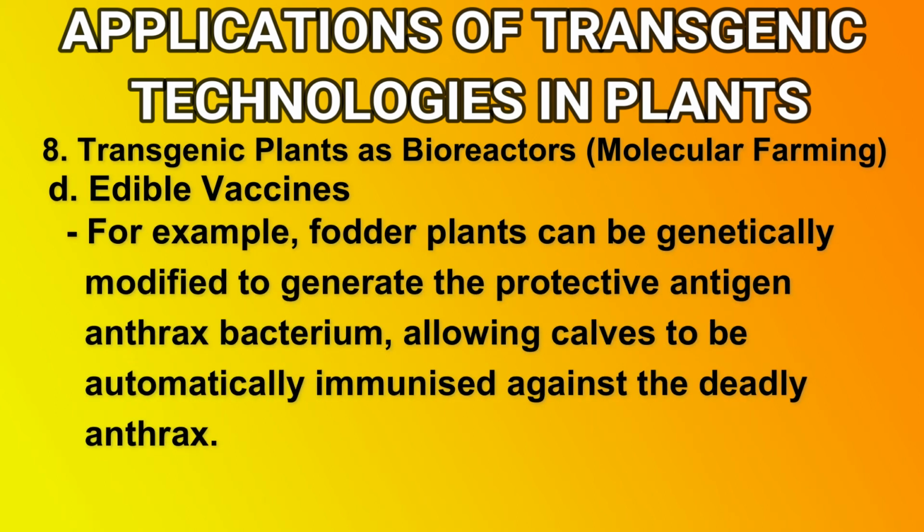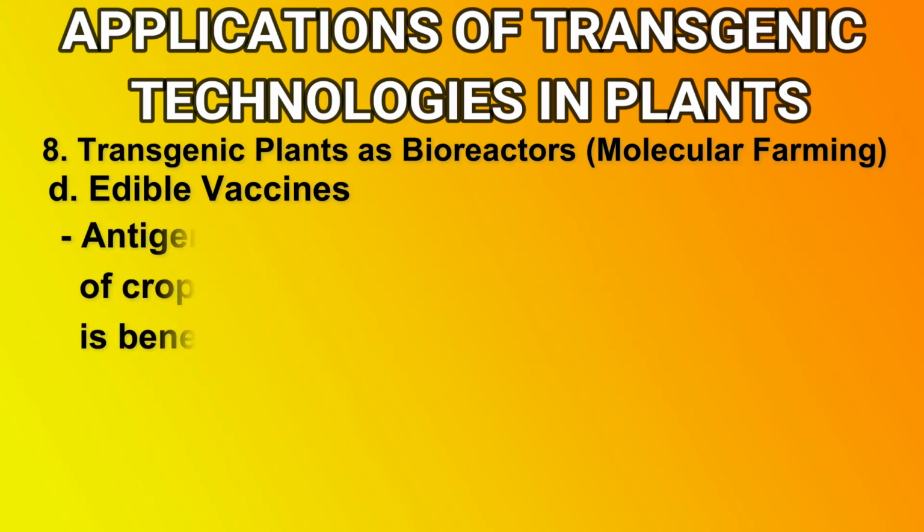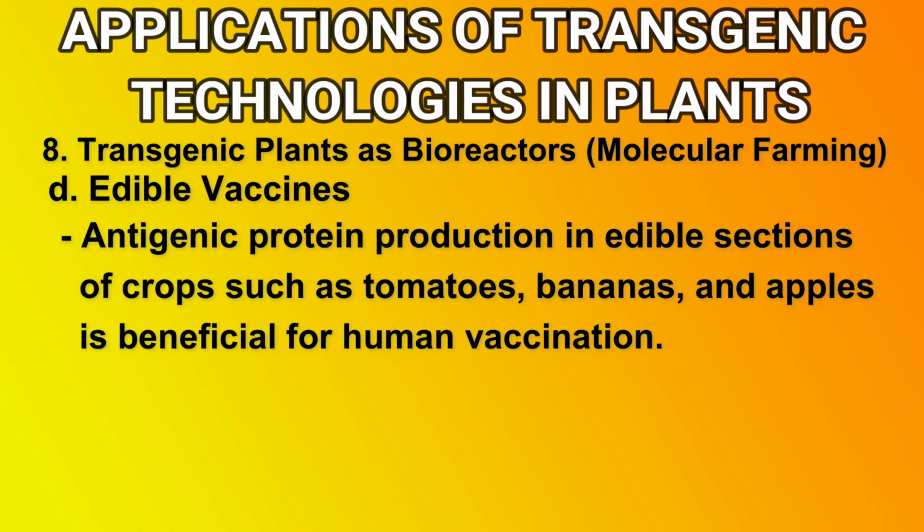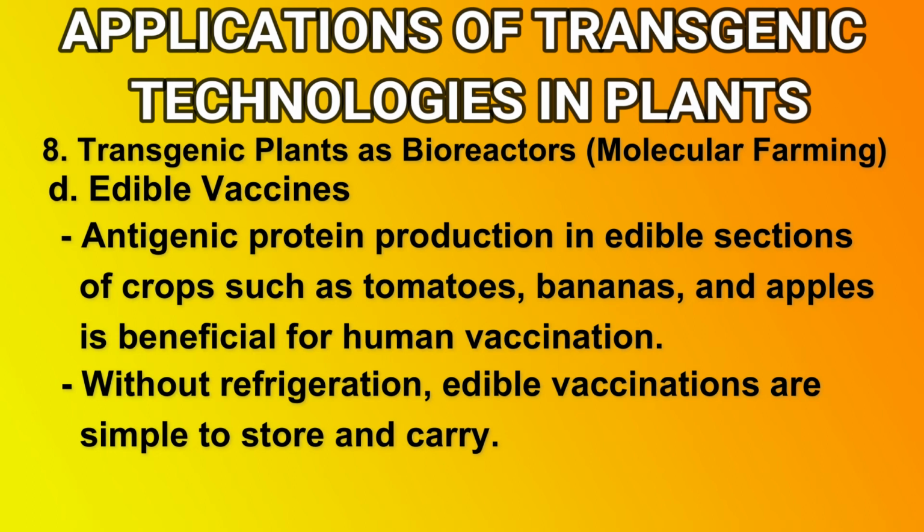For example, fodder plants can be genetically modified to generate the protective antigen of Bacillus anthracis, allowing calves to automatically become immune against the deadly anthrax. Antigenic protein production in edible sections of crops such as tomatoes, bananas, and apples is essential for human vaccination. Without refrigeration, edible vaccines are simple to store and carry.